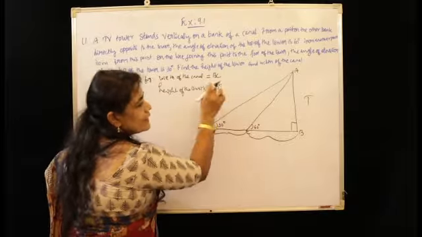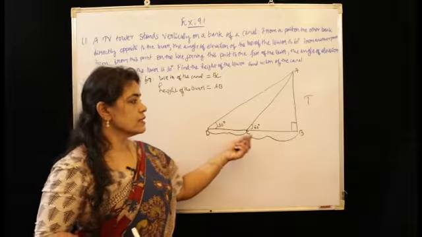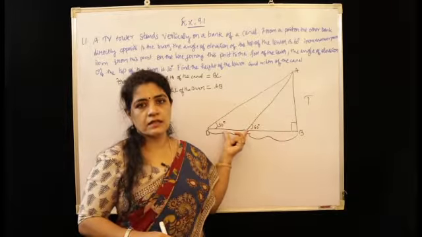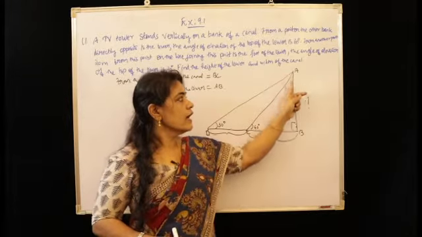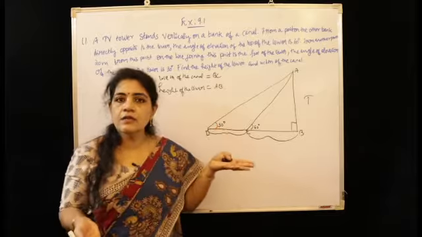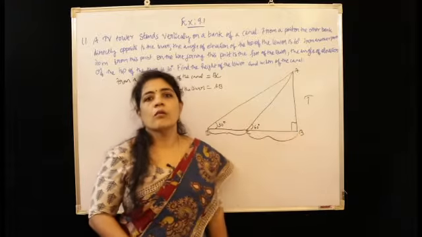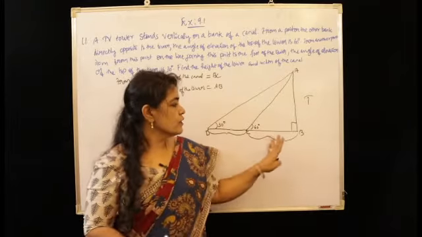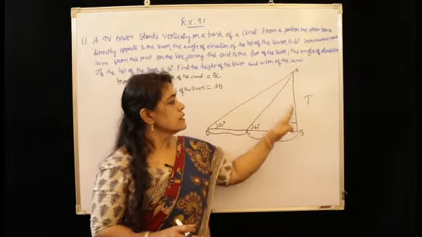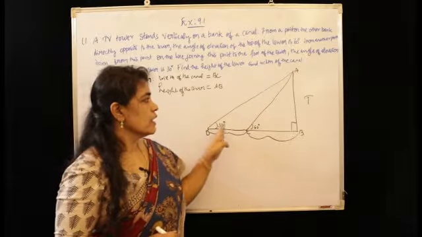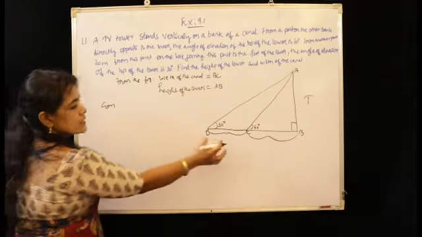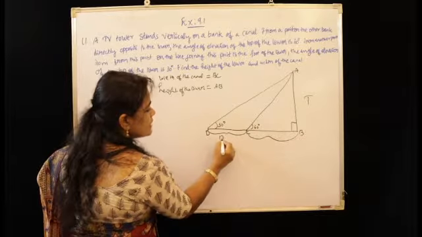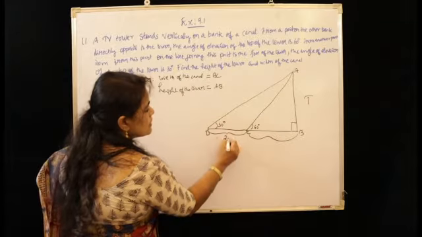This is what we need, and for that we can consider these two triangles. See children, triangle ABC and the big triangle ABD, which side is common? AB is common. Okay, so first of all we can consider this big right triangle, that is ABD. Consider this distance also given. Okay, DC is given as 20 meter.